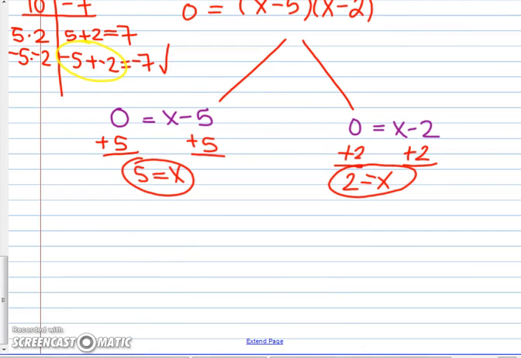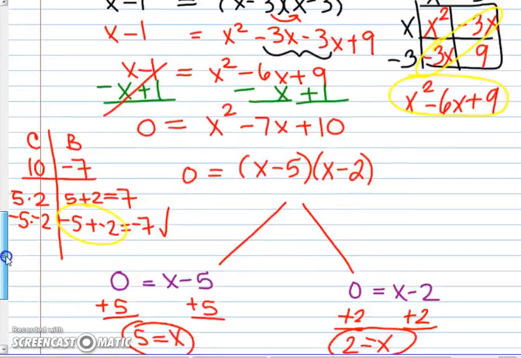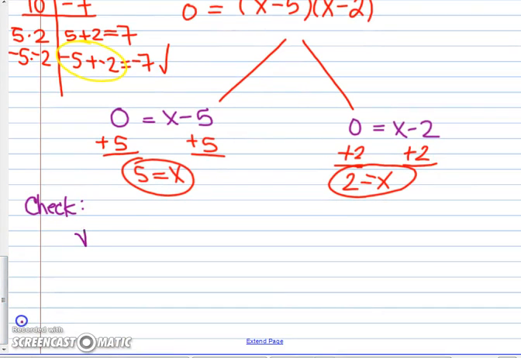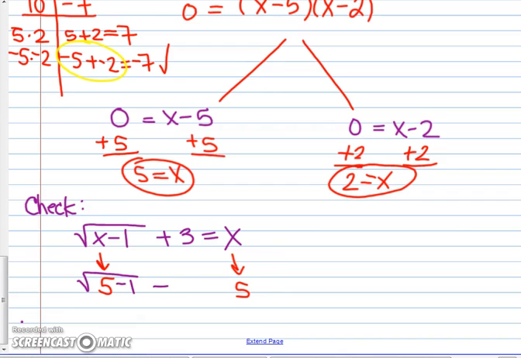Now we get to the check part. We go back to our original equation, which is the square root of x minus 1 plus 3 is equal to x. Okay, I'm going to substitute in 5 wherever I see an x. So is it true that the square root of 5 minus 1 plus 3 is equal to 5?